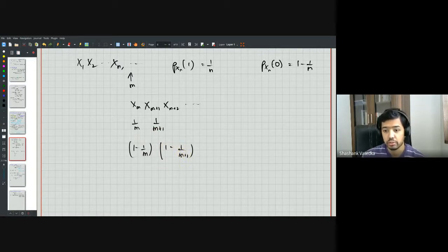Yeah, so the probability that xm to xn are all 0 is m minus 1 divided by capital N. So the probability that all of them are going to be 0 is equal to 0.